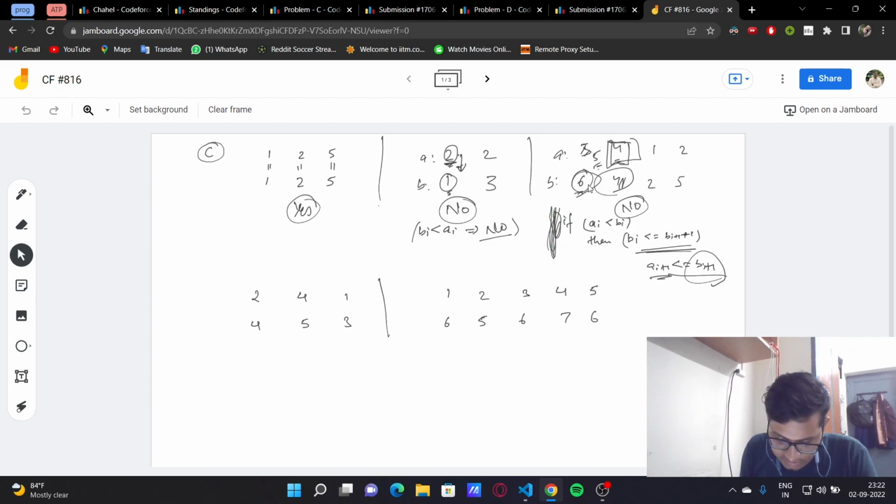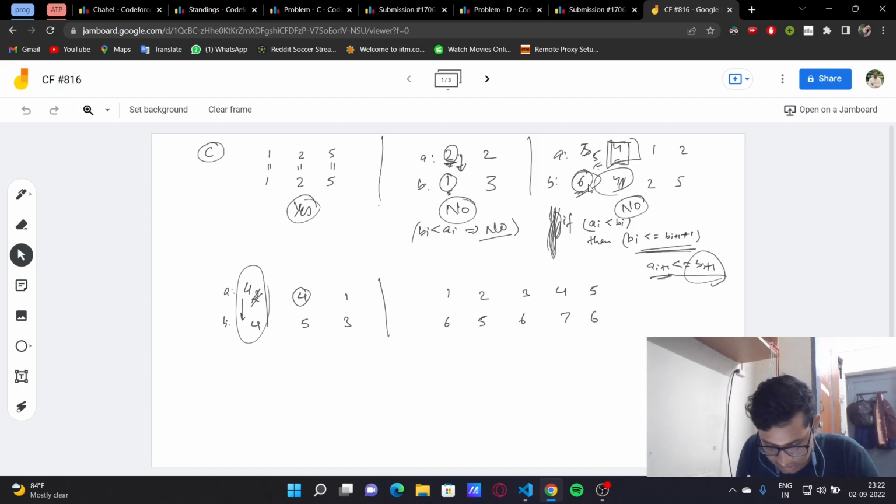Now moving on to the next test case. Here first we need to increment the first index twice, and that is rather trivial because the next index is bigger. Once we do that, the first element becomes 4. So we have matched the first elements.